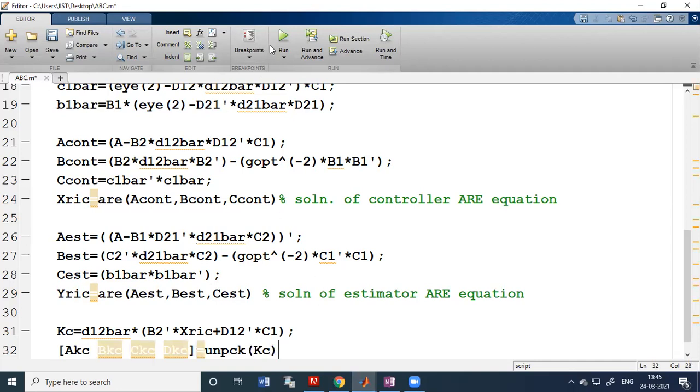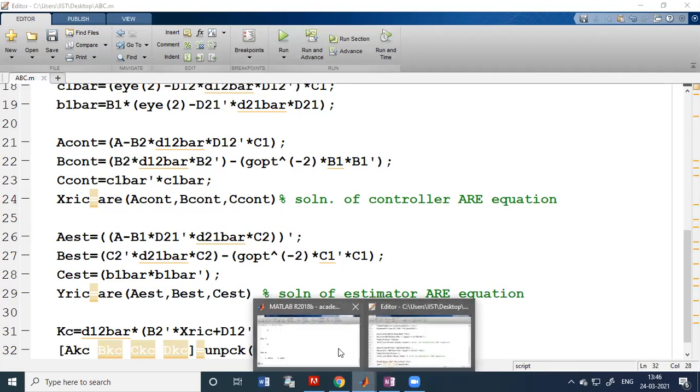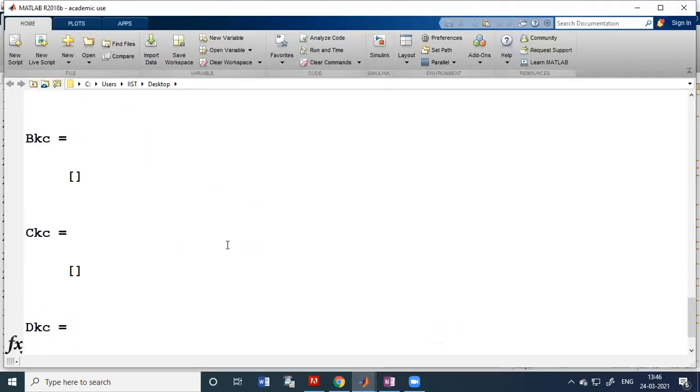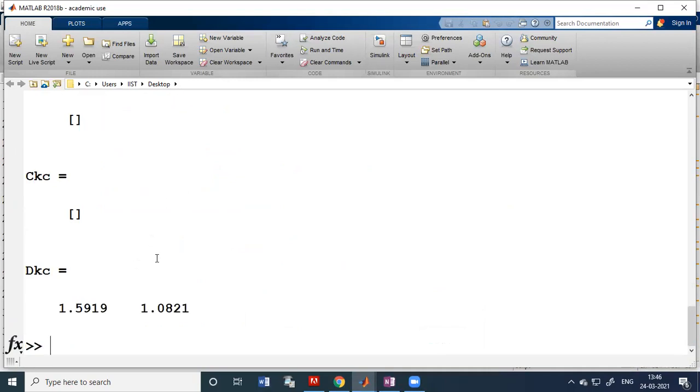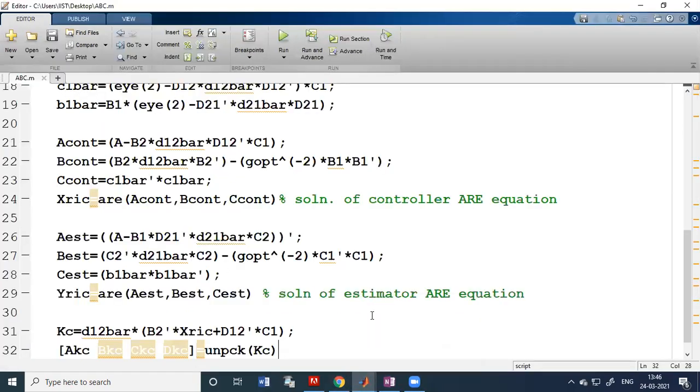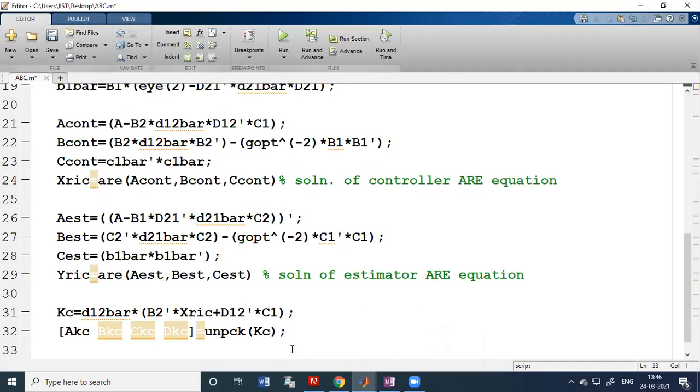Now let us run this and see what is happening. So you see now you have your controller in ABCD form. Now what next? You have to convert this into state space form. So KC-SS in state space form will be state space of A KC, B KC, C KC, D KC.